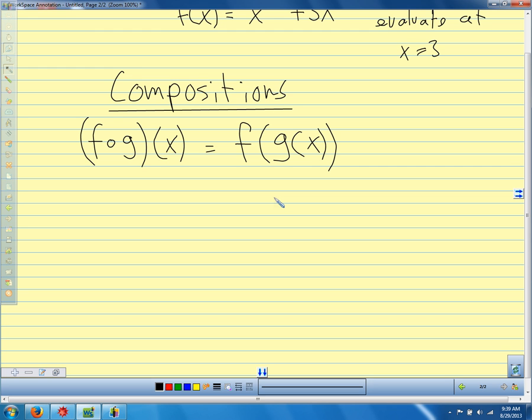One thing that we have to be really careful with compositions, where it gets a little trickier, is the domain. And this relates back to what you were talking about with the domain.